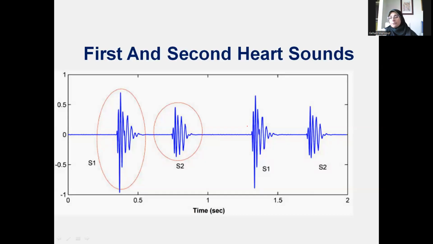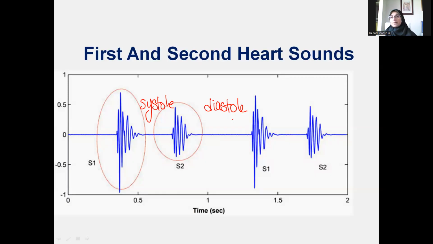Here, of course, you have to localize yourself and know where systole and diastole are. As you see, here is systole because it lies between S1 and S2. And here we have diastole because it lies between S2 and the following S1. And of course, it is obvious that diastole is longer.